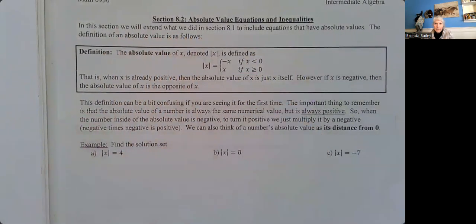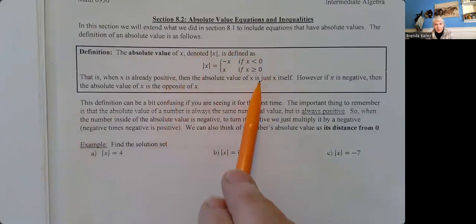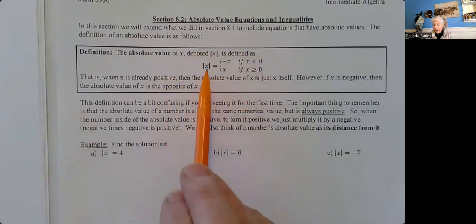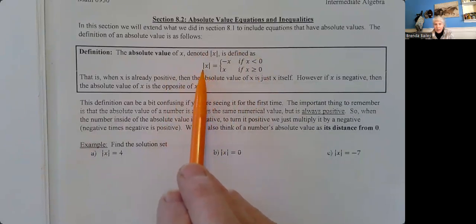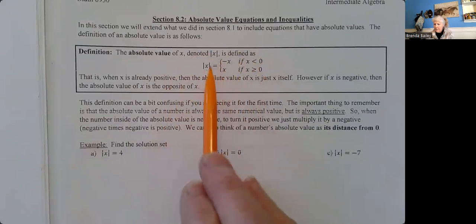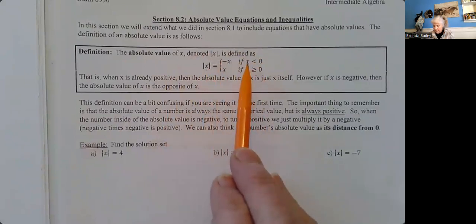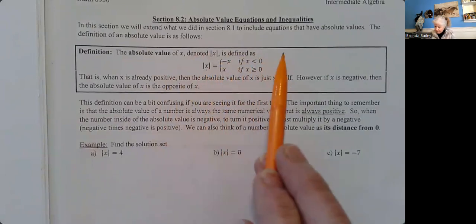absolute values. Now, this is a formal definition of an absolute value. Most of you realize that when you have an absolute value, the symbol we use is these lines here, and whatever comes out is always positive. So this means in math that if x is negative, you would use this part. It's one of those piecewise equations.